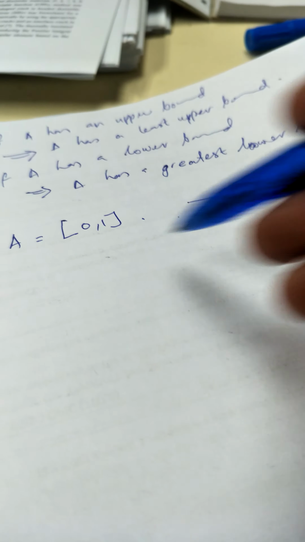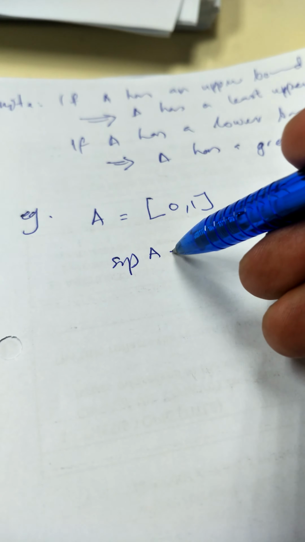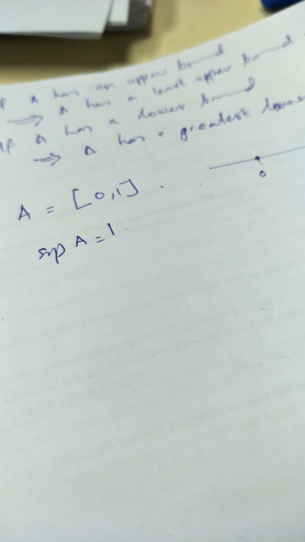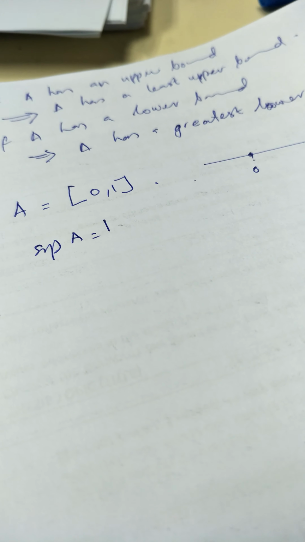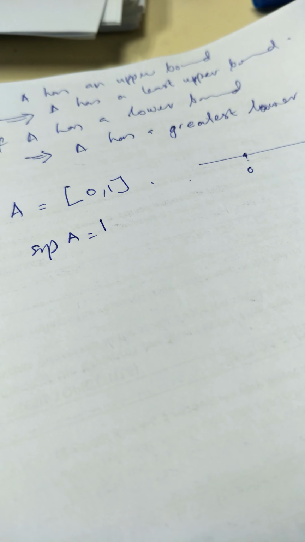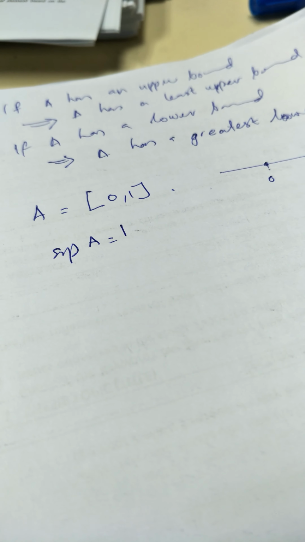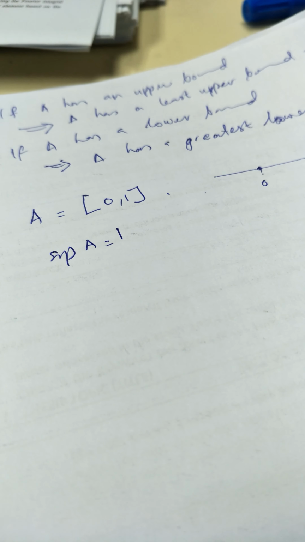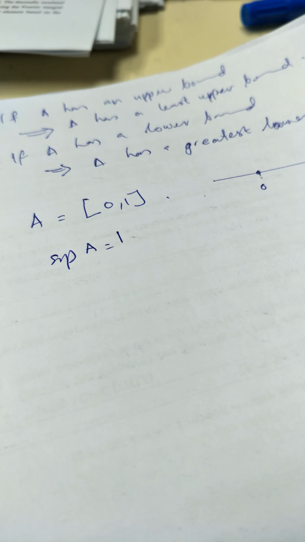So in this case, I can say the supremum of A is 1. If I choose 1.1, this is also an upper bound for A, but the smallest, or least, upper bound of A is 1.